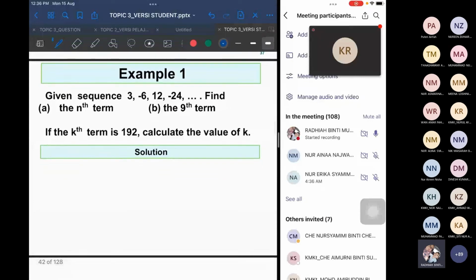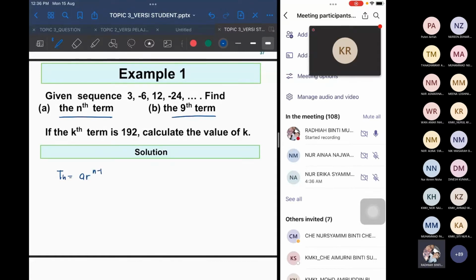Okay, so kita tengok example 1. Dia kata given the sequence 3, -6, 12, -24. Okay, soalan dia kata find the n term and B you have to find the 9th term. Okay, so bila kita nak cari n term, kita ingatlah formula kita untuk n term Tn is equal to AR^(n-1).